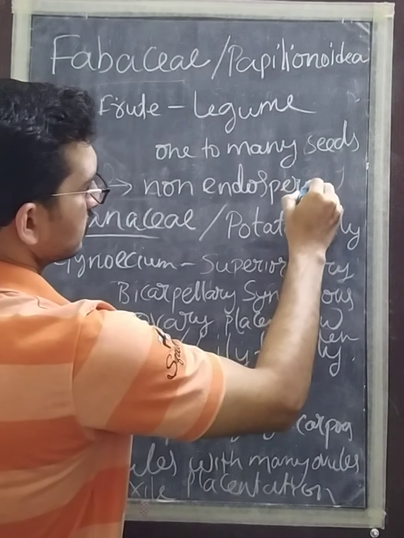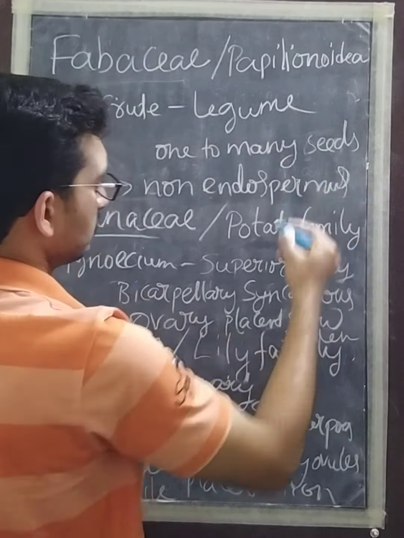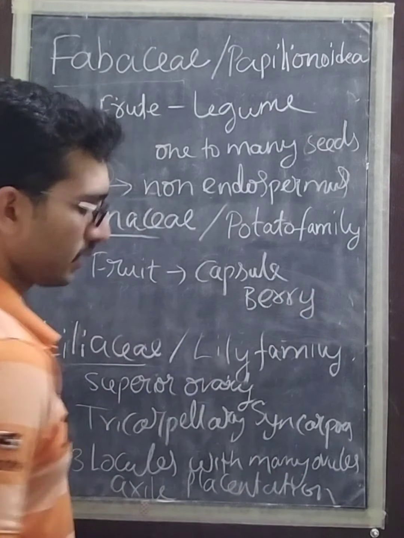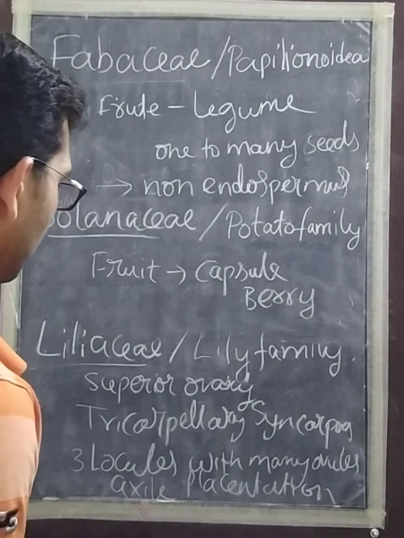When it comes to the fruit of Solanaceae, the fruits are generally capsule or berry. You can find the fruits in the form of berry.